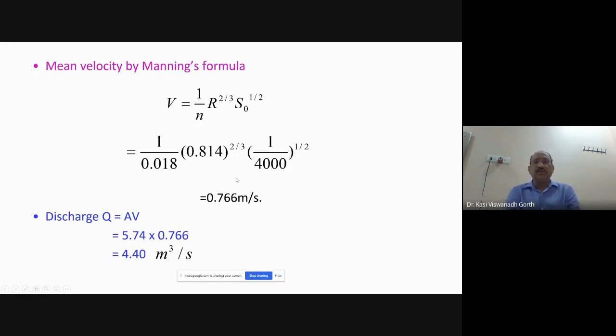Substituting that, you get the mean velocity V. Once you get the mean velocity V, the discharge Q will be equal to area into velocity. Q is equal to A into V. Area is already computed, wetted area 5.74, multiplied by the mean velocity 0.766 meter per second. So you get 4.4 meter cube per second as the discharge.